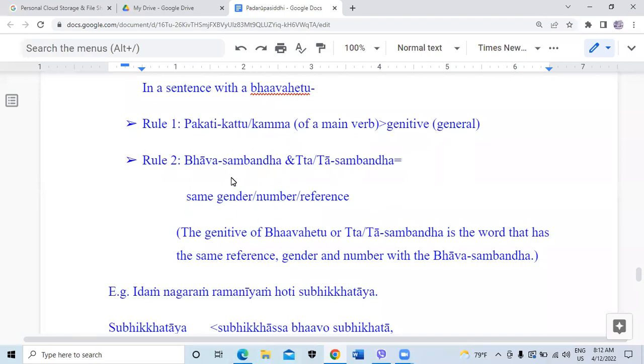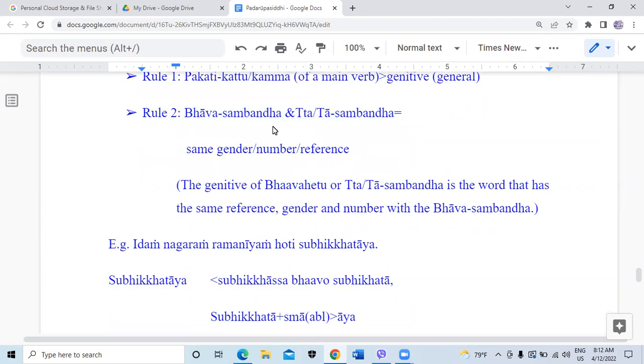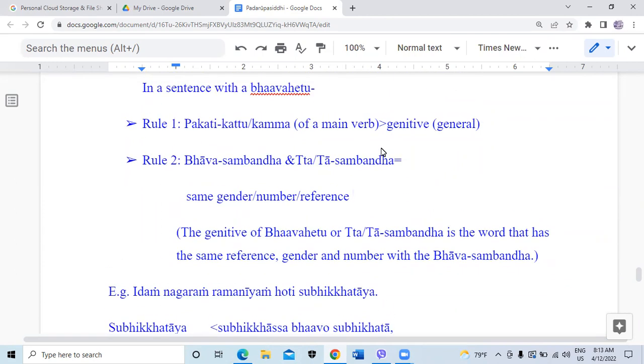Rule two is always correct. Bhava sambandha and tata sambandha. Okay, what is bhava sambandha and tata sambandha? Later I will show you. So bhava sambandha and tata sambandha must have the same gender, number and reference. If so, the genitive you change from subject or object is correct.